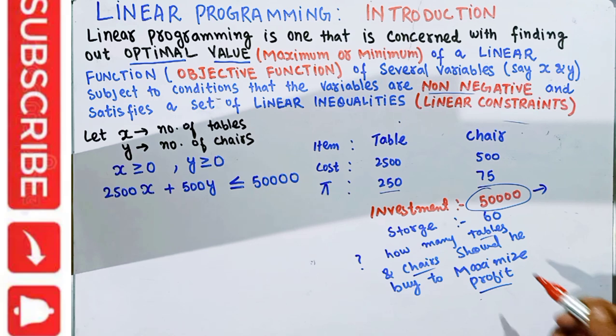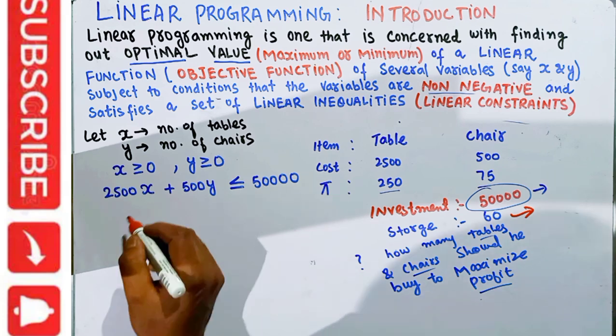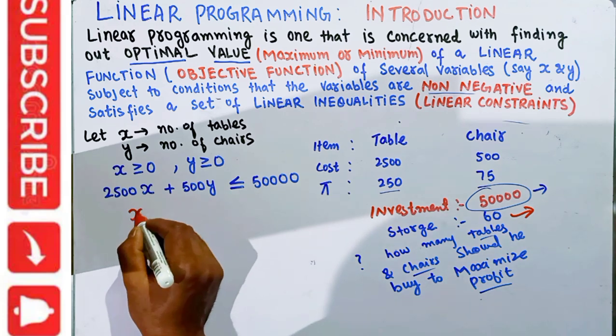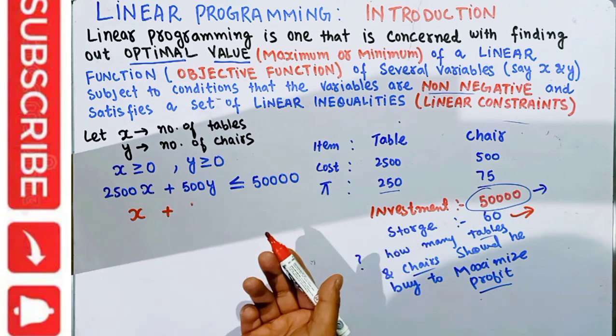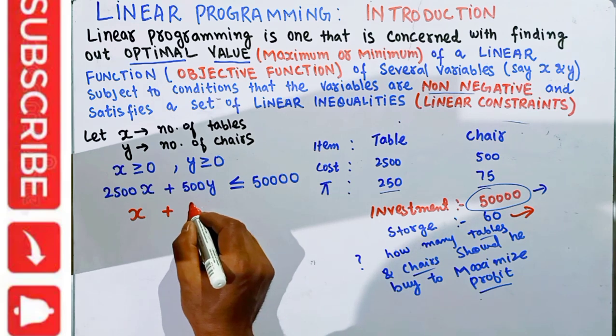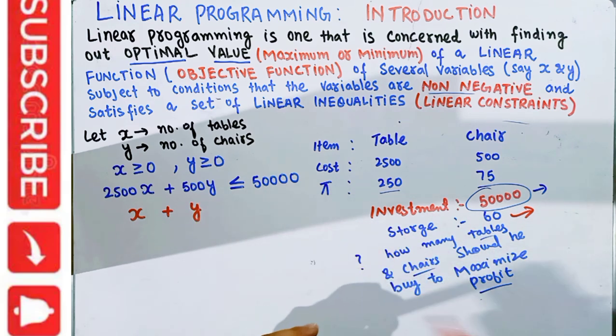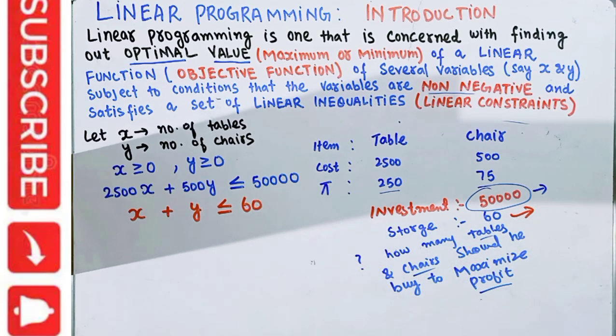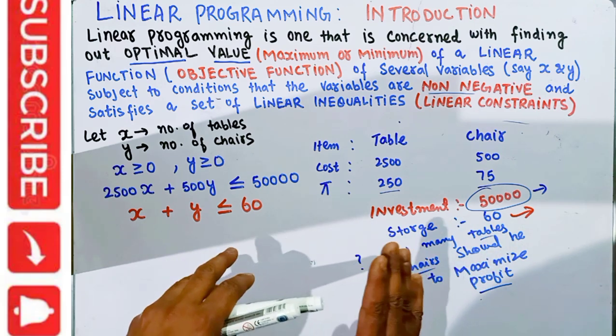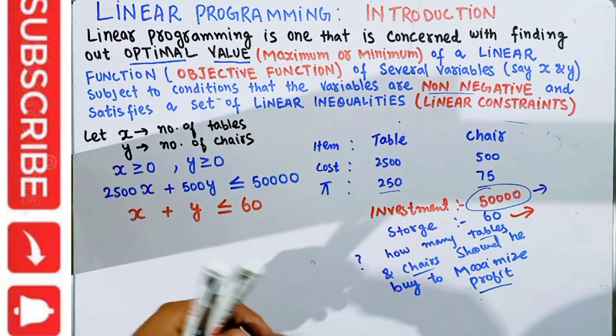Another constraint he is faced with is the storage constraint: the total number of tables, x, plus the total number of chairs, y, he can store should be less than or equal to 60. Now, what is the endeavor of the dealer? The dealer wants to invest so as to maximize profit.